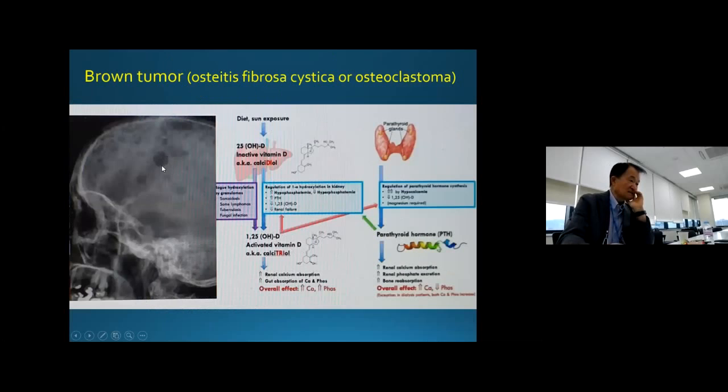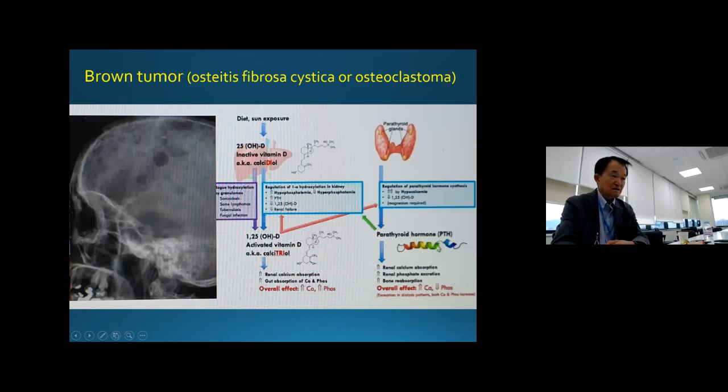Osteoclasts are seen in this kind of multiple osteolytic lesions. So osteoclastic activity produces calcium. So this diet or sun exposure should activate vitamin D, and this activated vitamin D will make calcium absorption increase, absorption of calcium from the gut.